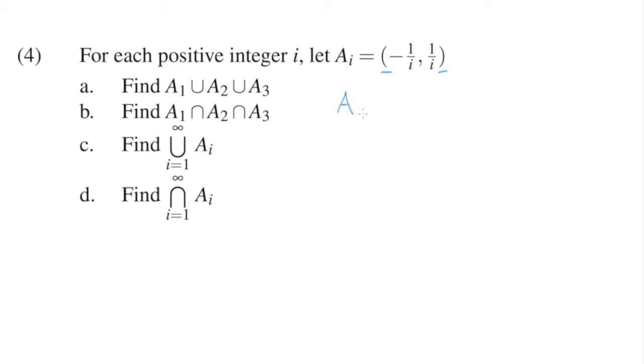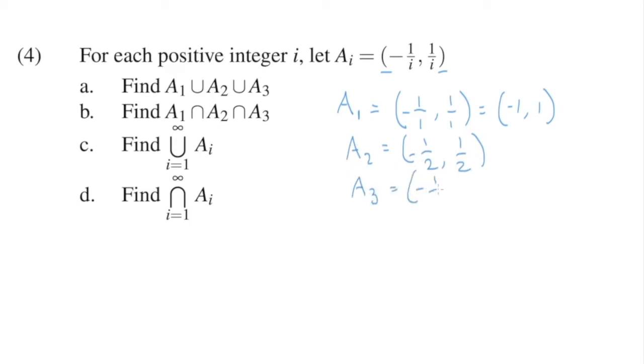All we do is we substitute every integer for I. So a1 will be -1/1 to +1/1, which is just -1 to 1. A2 will be -1/2 to 1/2. A3 will be -1/3 to 1/3, and so on.